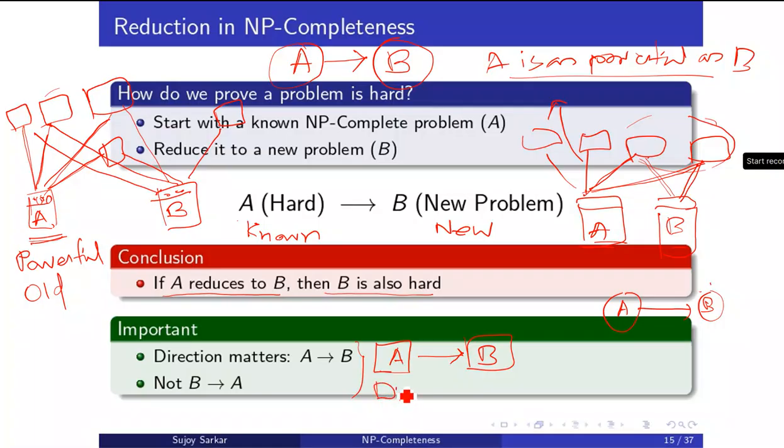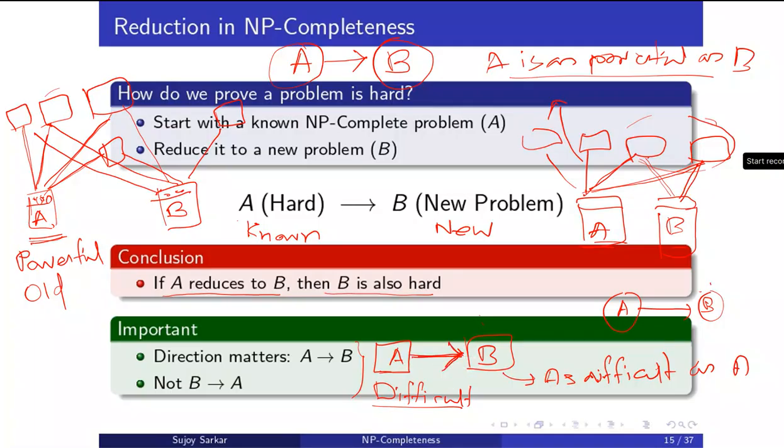So if A was difficult to solve, B must be as difficult as A. But the opposite is not true. If I say B was difficult, and I reduce A to B, I cannot say A was as difficult as B. So the direction is important here.